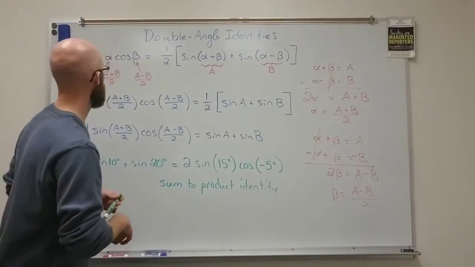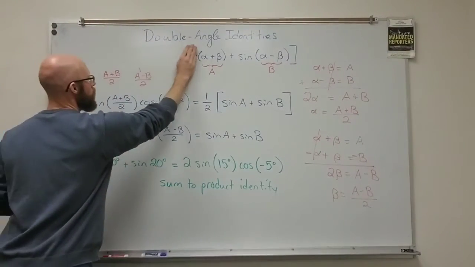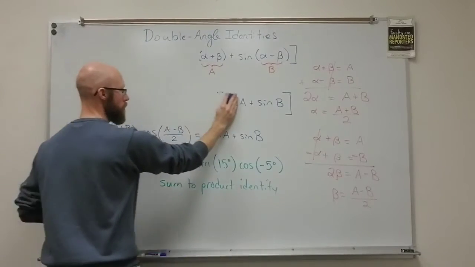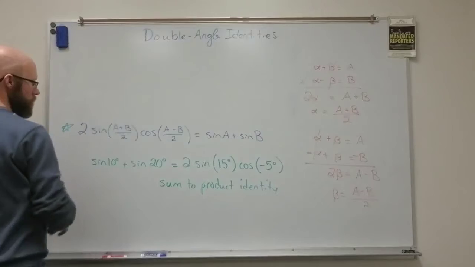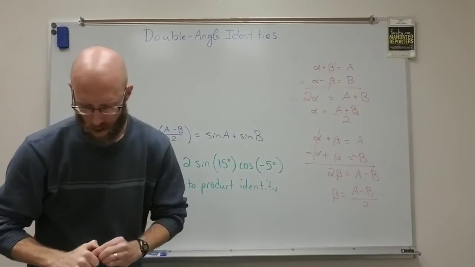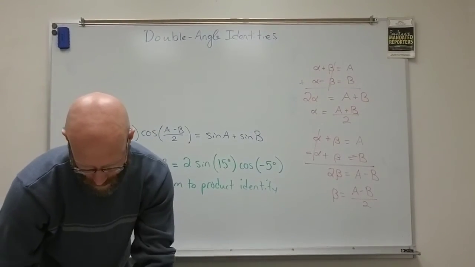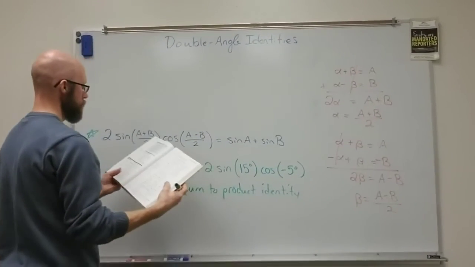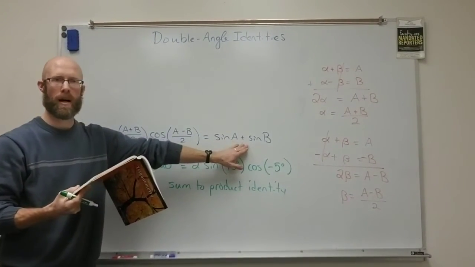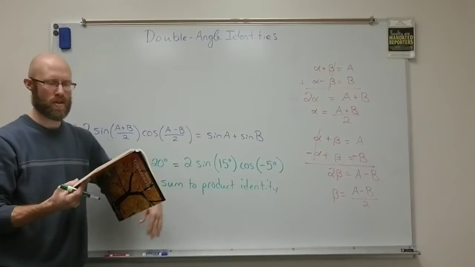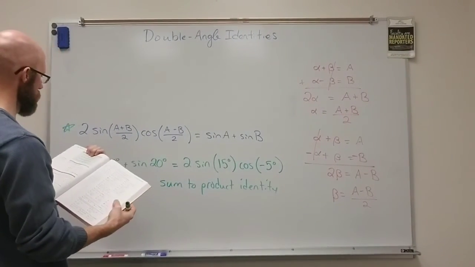If I were to write all of the rest of them up here, just so that you can see them, they are in your textbook, so this may be a bit redundant, but just so you can see them on the video. All of the sum to product identities, well, I'll leave this one up here. We usually write the sum on the left side, so we'd switch the sides here. So that's one of them.